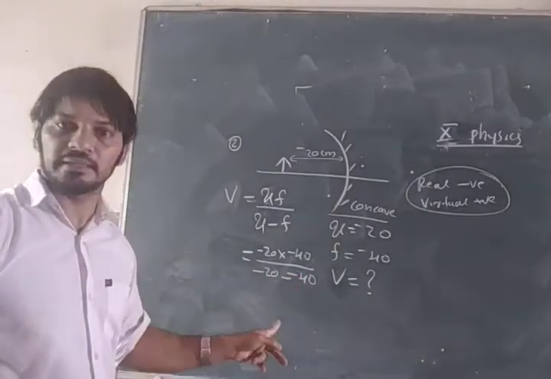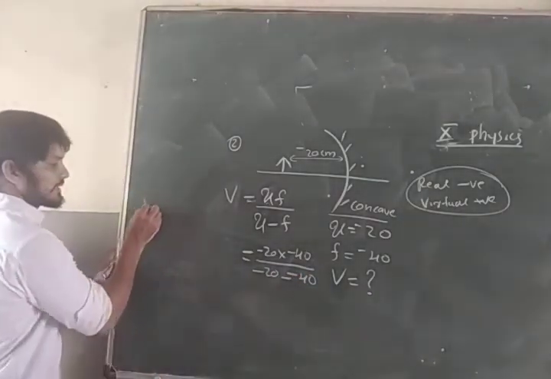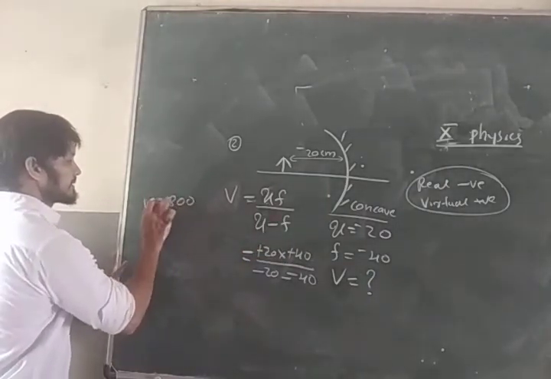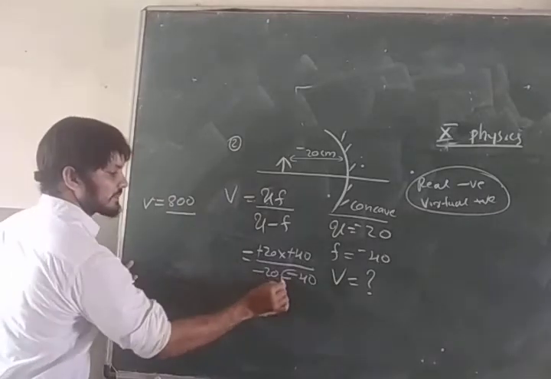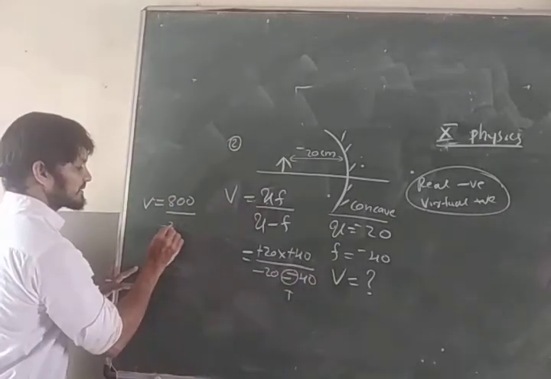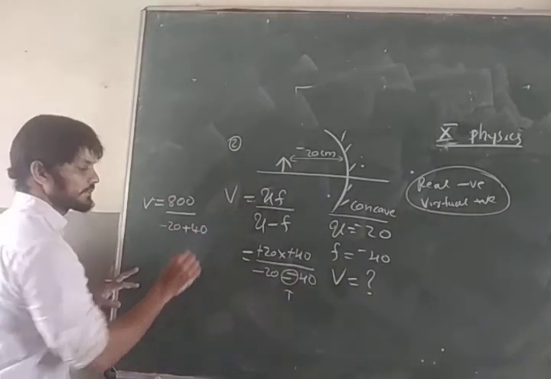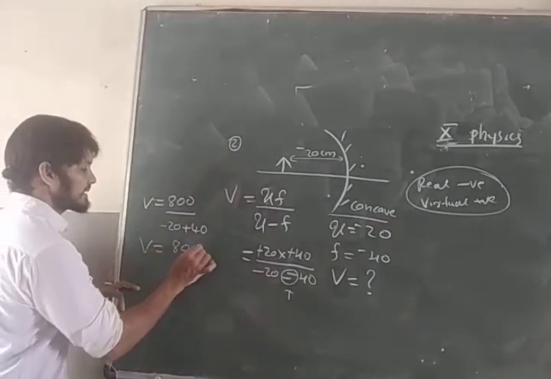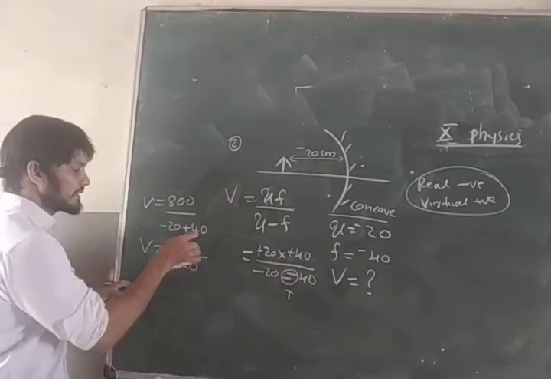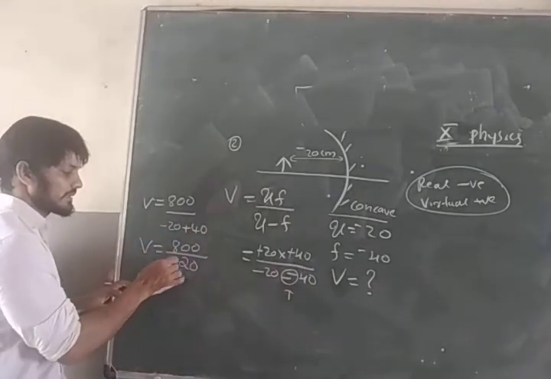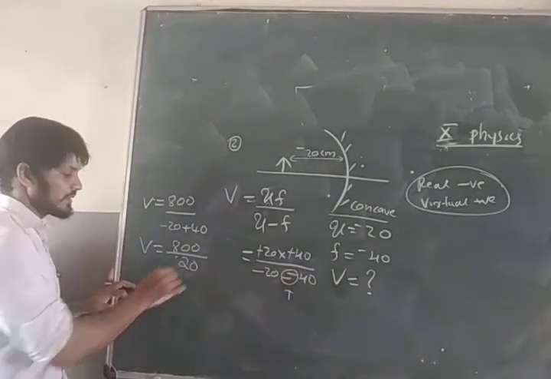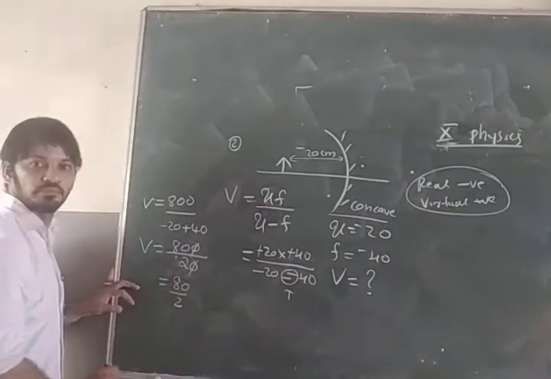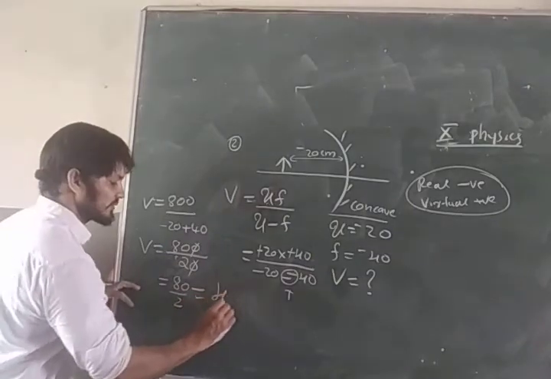Look properly. Then V is equal to minus 800 by, here it becomes positive, minus 20 plus 40. Next, V is equal to 800 by 20. 40 minus 20 is 20, the bigger number's sign, plus. Now cut it, 80 by 2. You will get the answer 40.